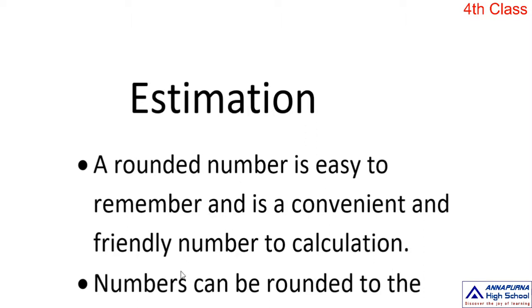And it is a very convenient and friendly number for calculations, either additions, subtractions, multiplications or divisions. We can easily calculate these kinds of rounded numbers. So a rounded number is easy to remember and is a convenient and friendly number to calculate.